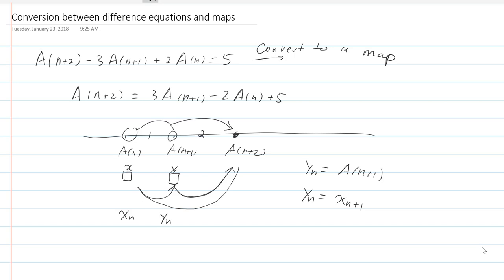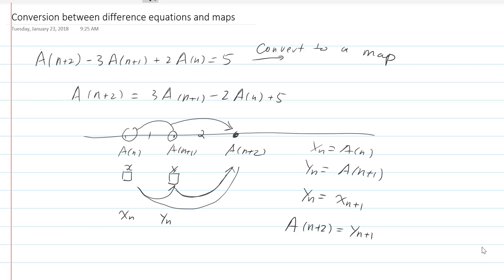Because x_n is a_n. So y_n is really just x_{n+1}. That's what we're saying. But if you look at a_{n+2}, this one over here is going to be y_{n+1}, because y_n is a_{n+1}.